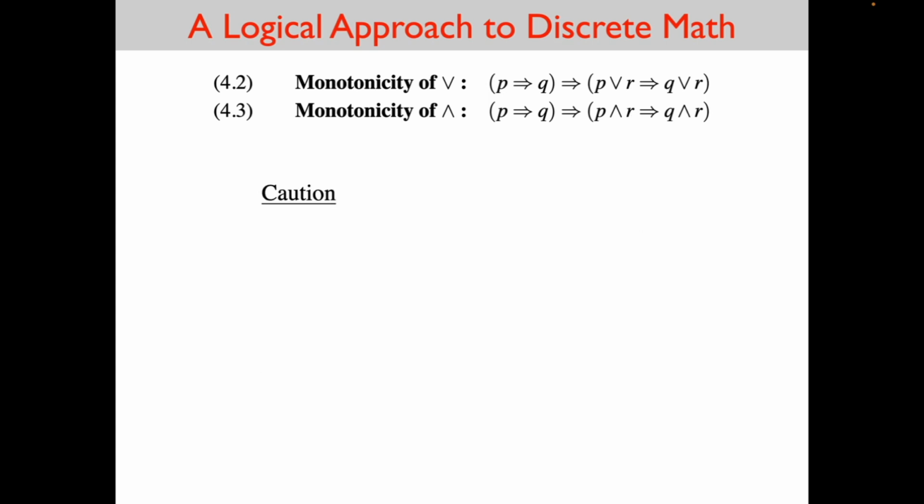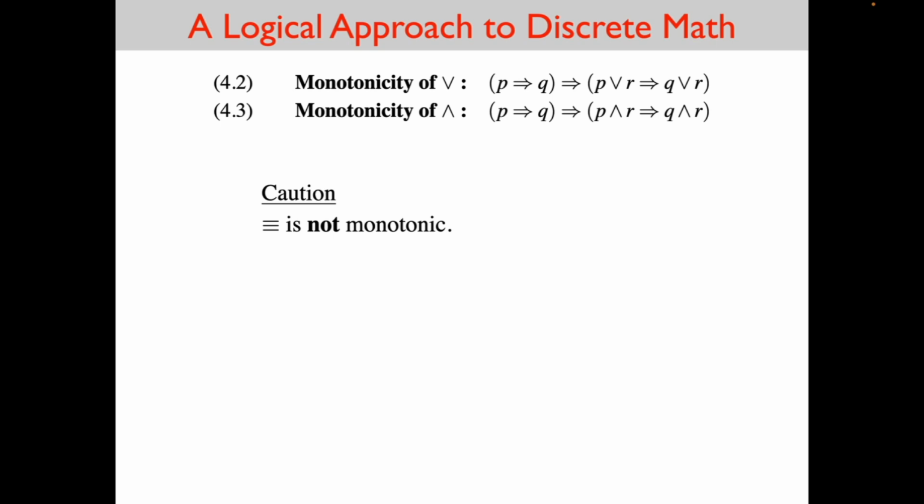Now you have to be careful that you use monotonicity only with disjunction or conjunction. Other Boolean operators are not monotonic. For example, equivales is not monotonic. We have 4.2 monotonicity of OR, we have 4.3 monotonicity of AND.